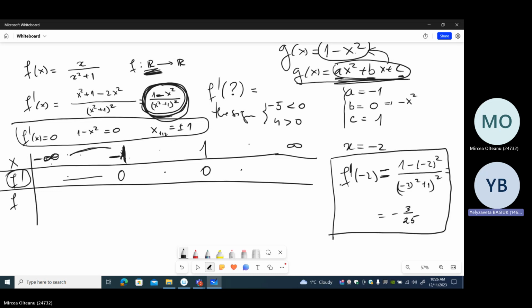Oh, I did it wrongly. Yes, I substituted it just in the numerator. Okay, but the numerator doesn't give you 0. If you substitute only in the numerator, you get -3.